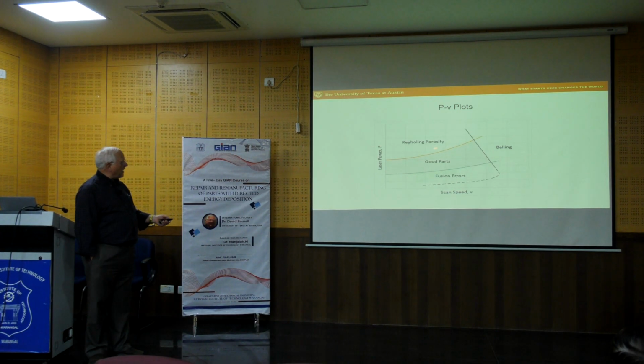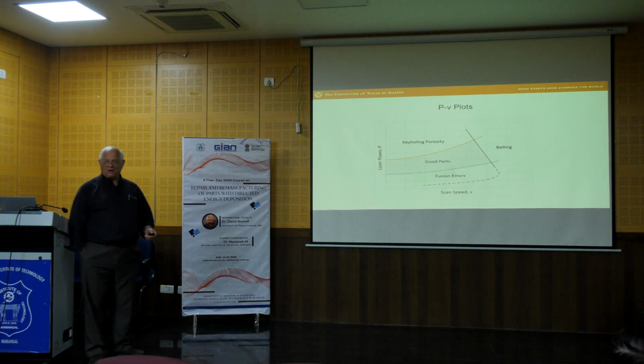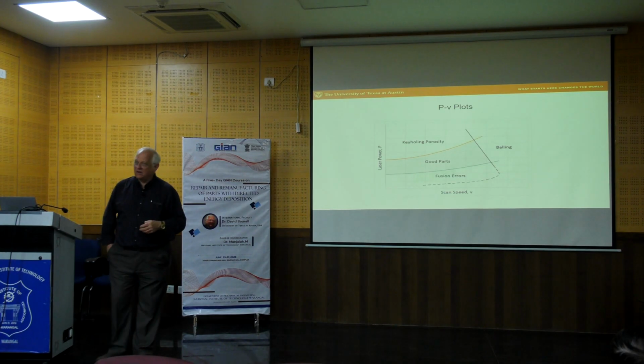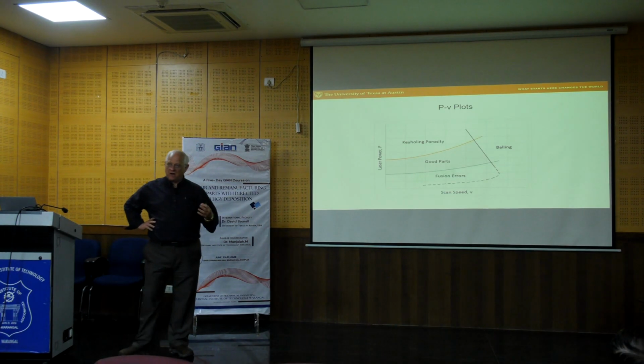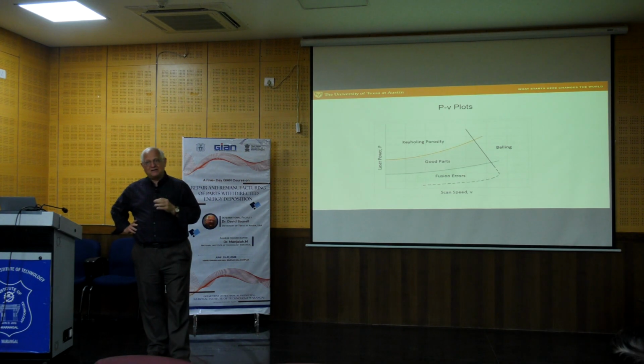And then up here on the high side, basically if the power is too low at a given scan speed, I have fusion errors. If the power is too high, I have so-called keyhole porosity. We'll talk about this later. It's very common in DED to do this.